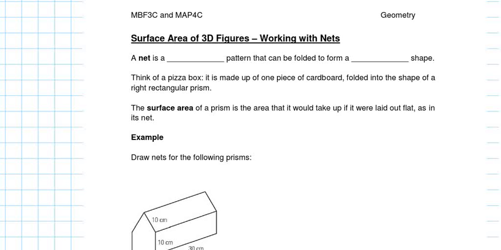So a net is a 2D pattern that can be folded to form a 3D shape. Excellent. So if you work in a restaurant or a retail place, we don't get these boxes as you see them.